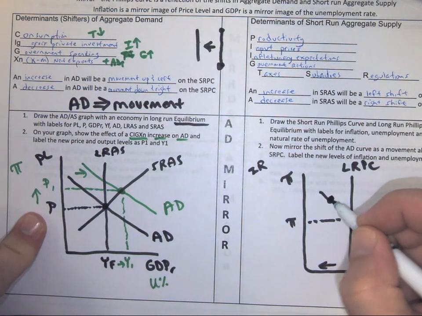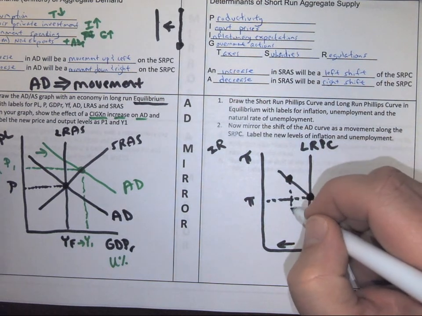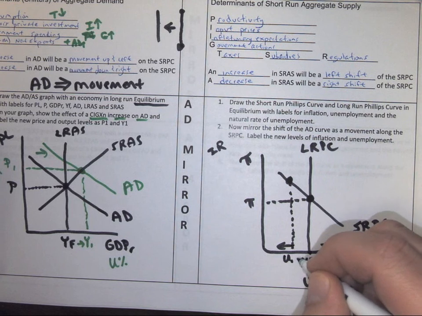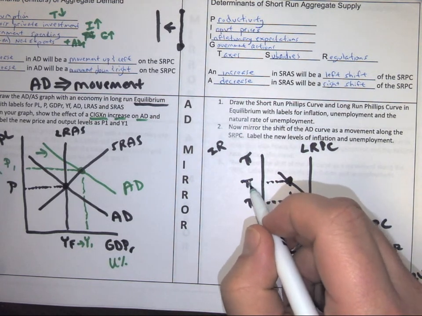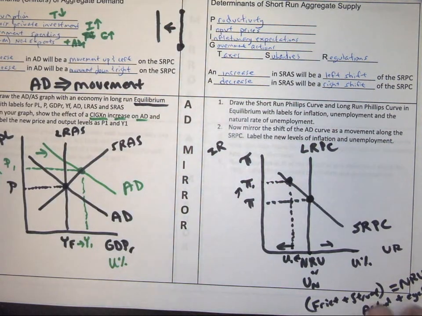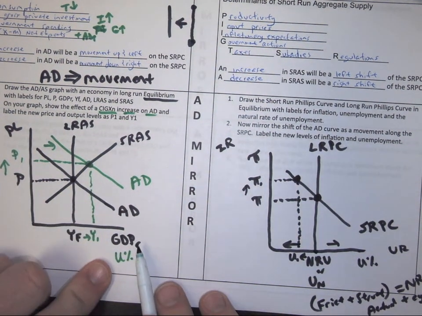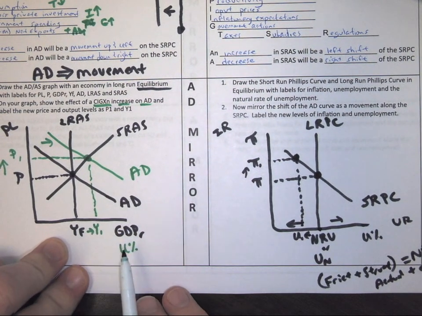So I'm just going to pick a spot right there. We're not using numbers, so it doesn't really matter. And so if I just draw this graph right there, I get unemployment there and inflation there.